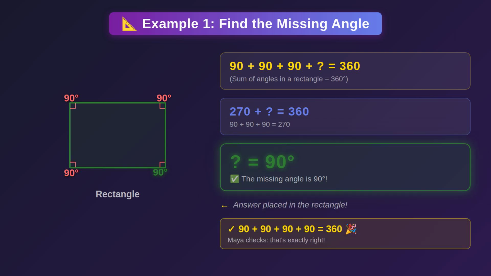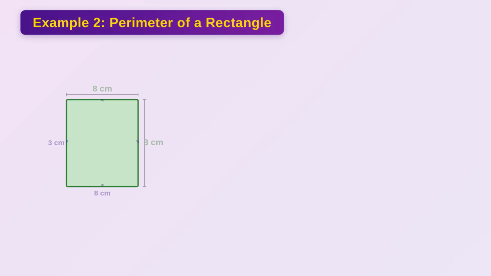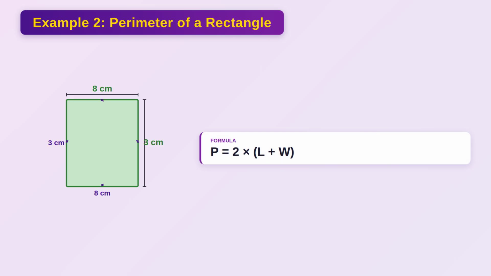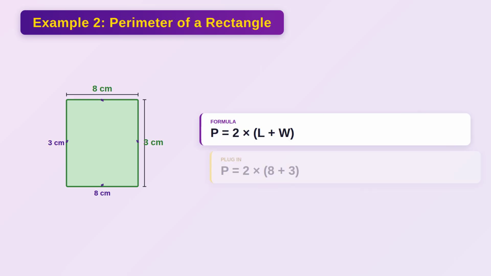The missing angle is 90 degrees, which makes sense because rectangles always have 4 right angles. Maya smiles. She checks it. 90 plus 90 plus 90 plus 90 equals 360. That's exactly right.